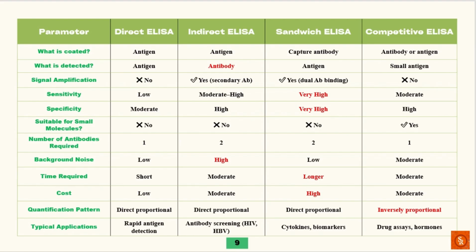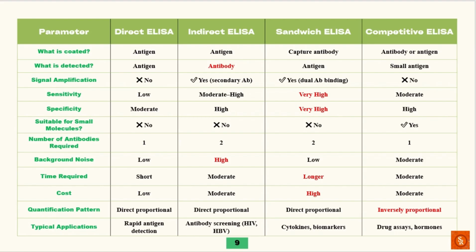Regarding suitability for small molecules, none of the first three methods is suitable, but competitive ELISA is highly suitable for small molecules. Background noise is high for indirect ELISA, and the time required is much longer for sandwich ELISA.